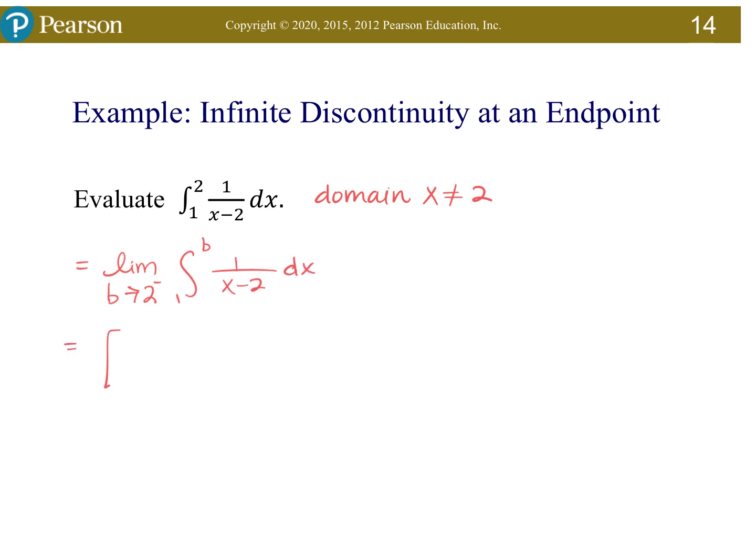All right, so that antiderivative is the natural log. Here is where your practice, your discipline, forgot to write my limit. Your discipline of using absolute values is going to be really crucial. All right, the natural log of the absolute value of x minus 2 plus c, going from 1 to b.